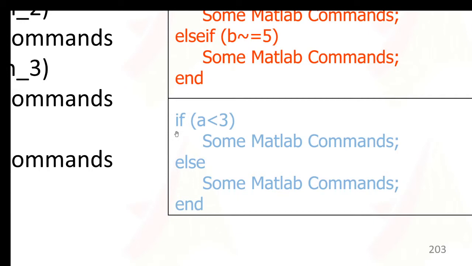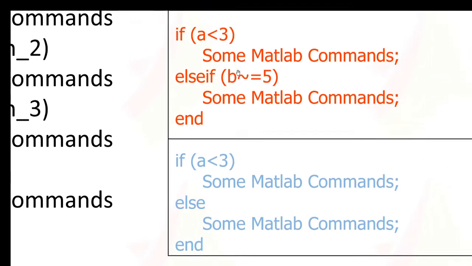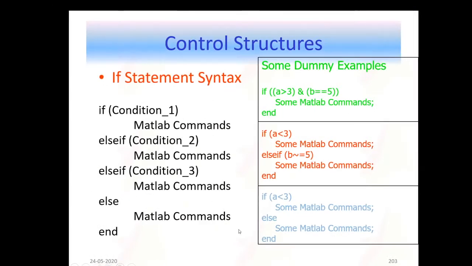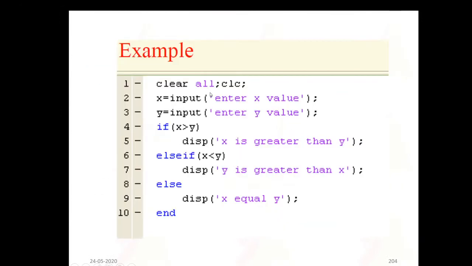Finally, as I told you earlier, if a is less than 3, some Matlab commands, else some Matlab commands. Here you can see the difference. Here I am checking another condition, and only after that it executes. There are two conditions, but one condition: if a is less than 3, execute. For the remaining, whatever the value of a, for all values equal to 3 and greater than 3, it is going to execute this command. This is for the if else.